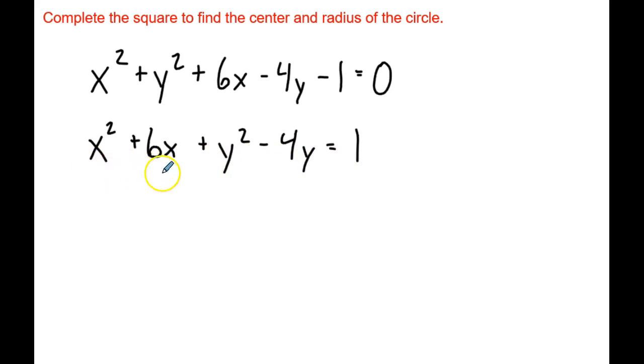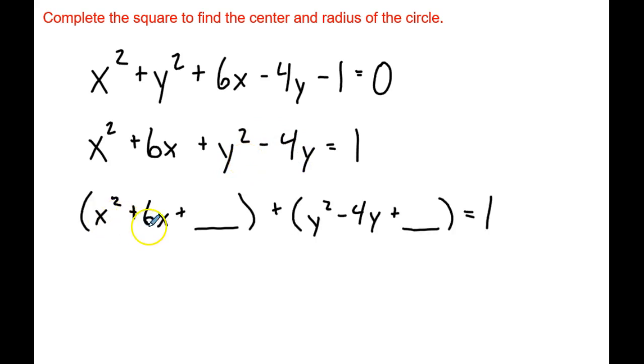Notice we have our x terms lined up, our y terms together, and the constant on the other side of the equation by itself. So now we're going to focus on our x terms, find our b over 2 value and square that so we can complete the square, and do the same thing for our y terms. Focusing on those two terms, find our b over 2 value, square that so that we can complete the square on this portion.